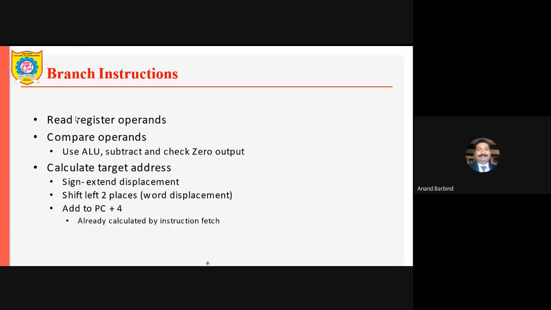Branch instructions are the instructions in which the normal flow of execution is varied or changed. Either a certain number of instructions are skipped, or the execution needs to go back a certain number of instructions.